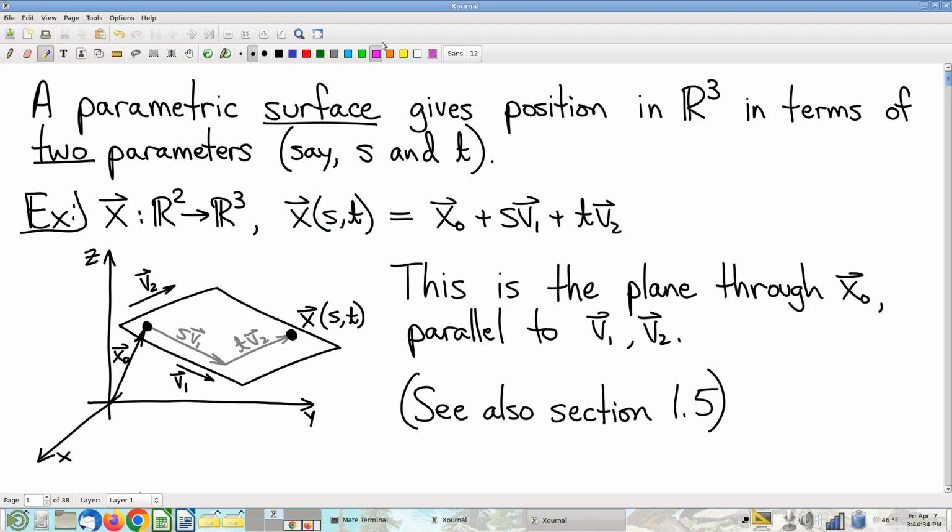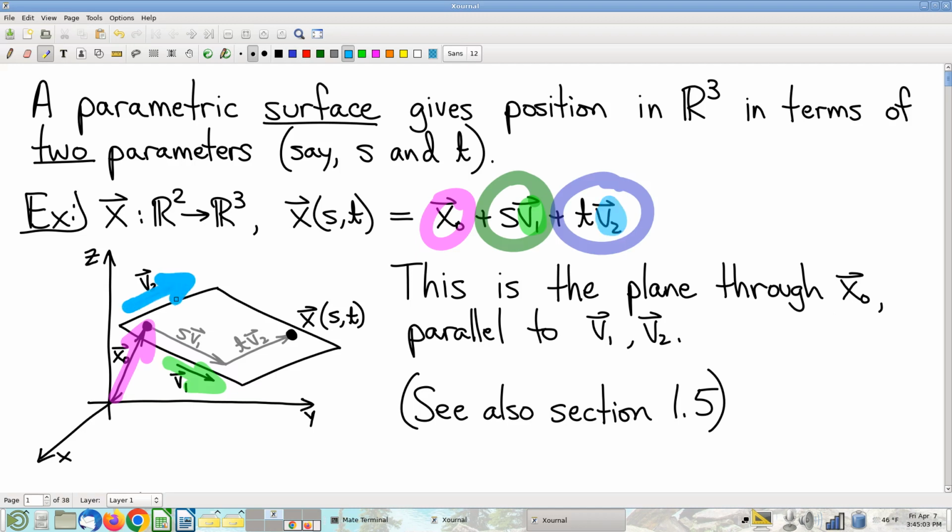We seem to have here a vector x naught that is just sitting there. Doesn't move. Nothing happens to it. What can I say about this term here? Well, that is all possible multiples of this vector v1. And what can I say about this term here? Well, that is all possible multiples of this vector v2.